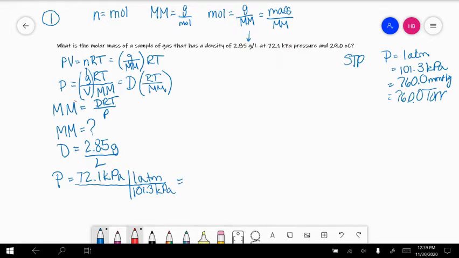So 72.1 kilopascals is actually equal to 0.7117 atmospheres. I'm not worrying about sig figs yet.